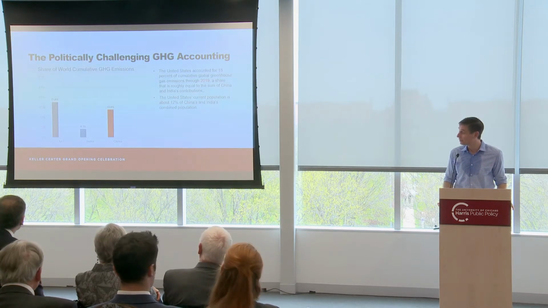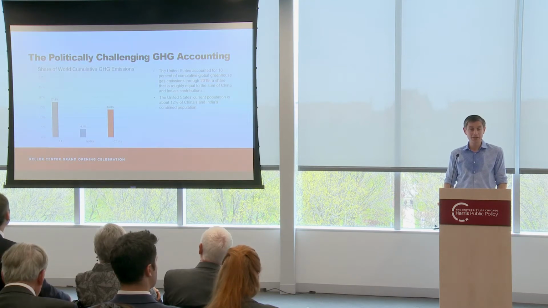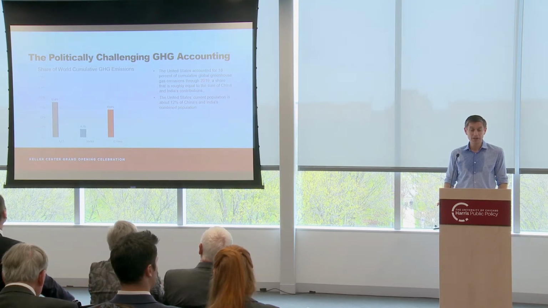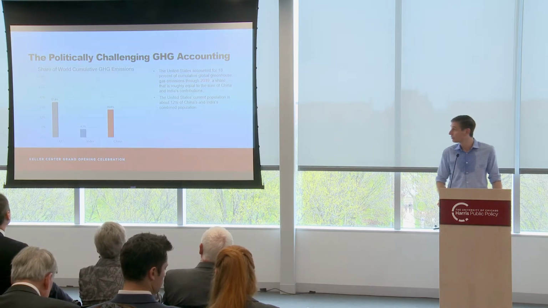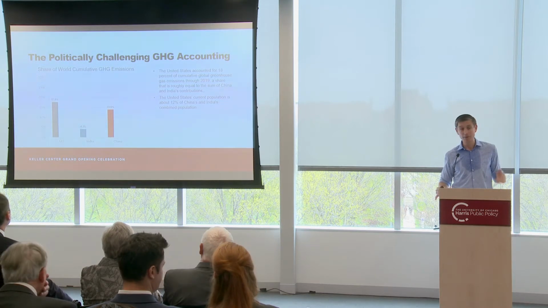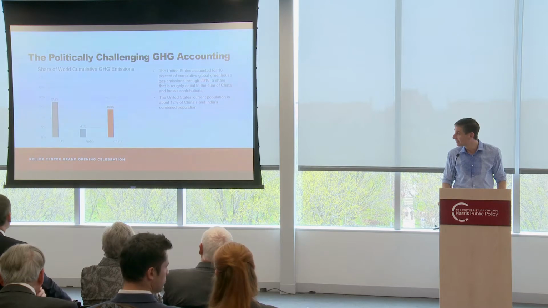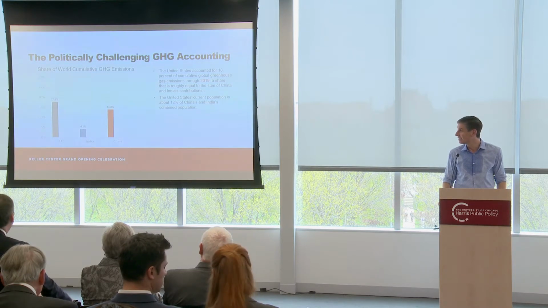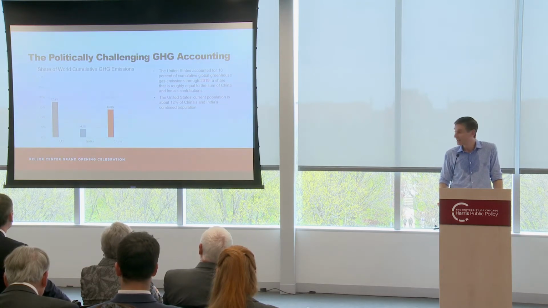And I now want to just try and drive at that tension a little bit more here. So this figure gives cumulative CO2 greenhouse gas emissions from the Industrial Revolution to the present day for the United States, India, and China. And you can see the United States has the largest share of actually any country in the world, but certainly of these 3 countries, through the present.